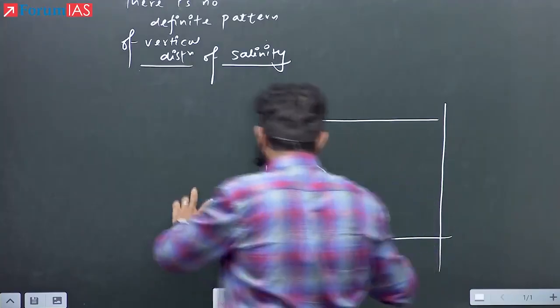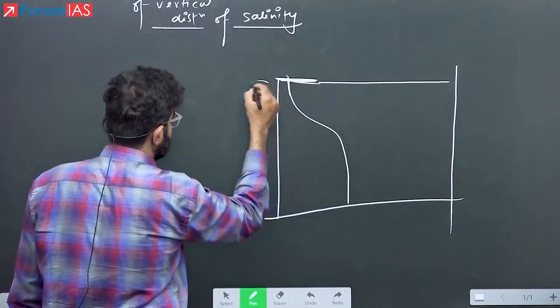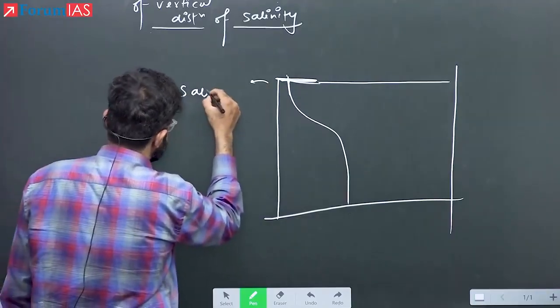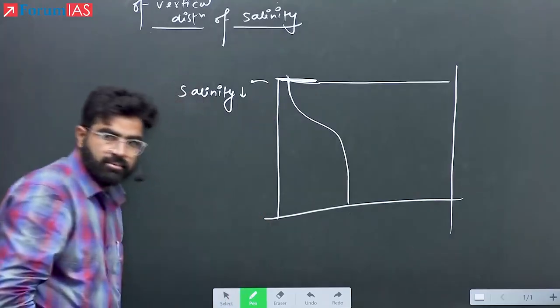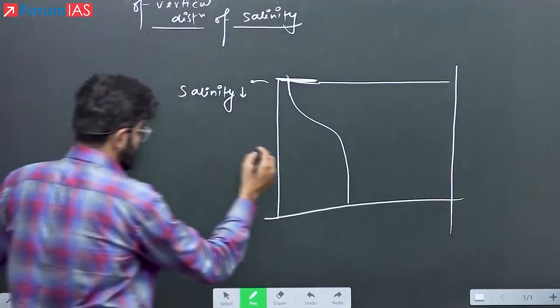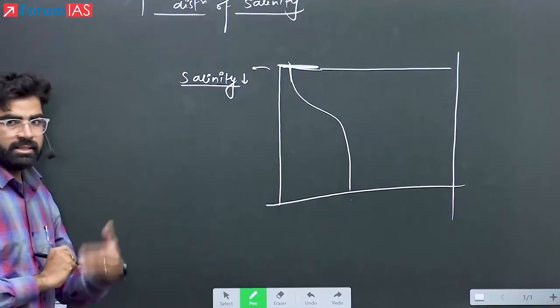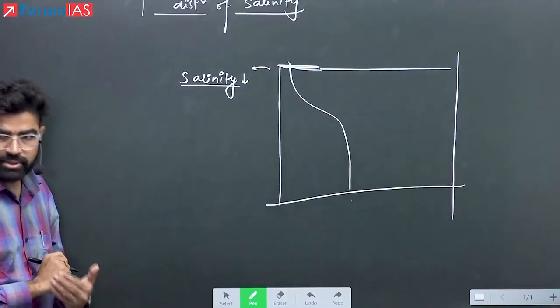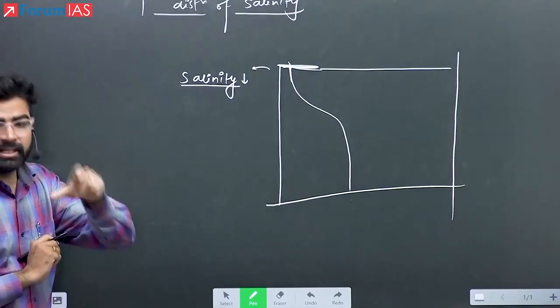Now say here, this is the polar area. And here, on the surface, salinity is less. Right? Salinity is somewhat less compared to the bottom. Why on the surface is salinity less compared to the bottom? Because fresh water is being added on the surface.